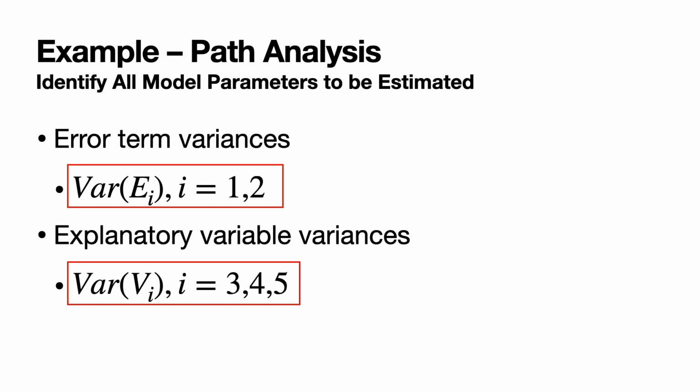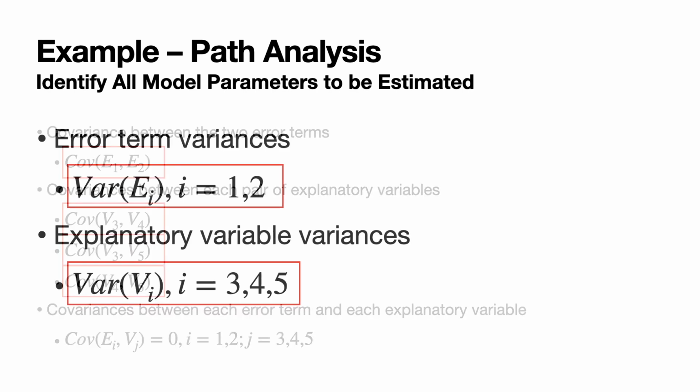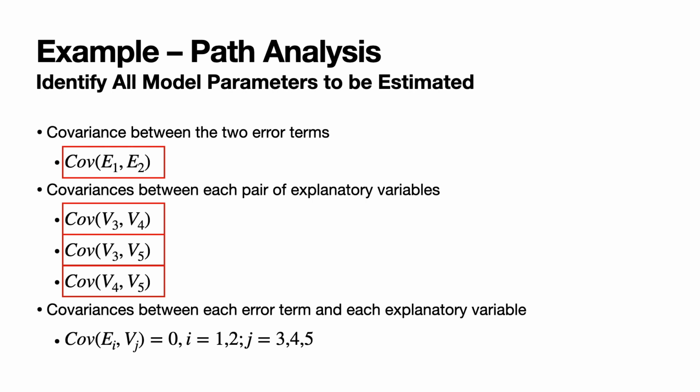We also have explanatory variable variances, the variance of V3, the variance of V4, and the variance of V5. We'll need to estimate the covariance between E1 and E2, and we'll also need to estimate the covariances between each pair of explanatory variables. Finally, the covariances between each error term and each explanatory variable are all set to 0, and so we don't have to estimate those.